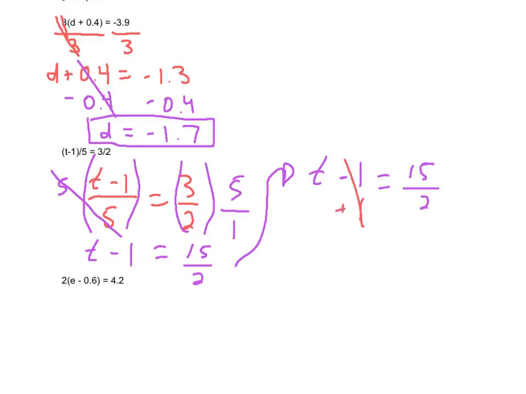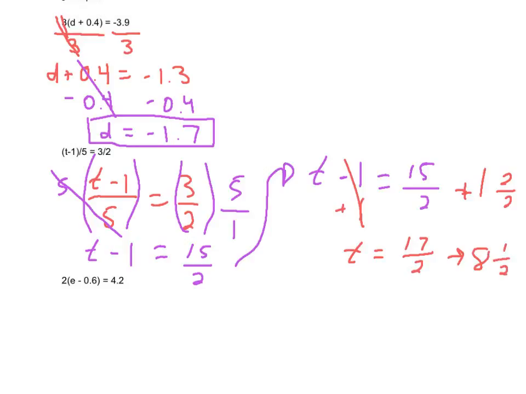Negative 1 plus 1 cancels out. We got to add 1 to this side. So we've got t on its own, equal to 15 over 2 plus 1, or we could rewrite 1 as 2 over 2. That's our common denominator, so we write that as 17 over 2. We could leave it like that, or convert it into a mixed number, and we'd have 8.5.